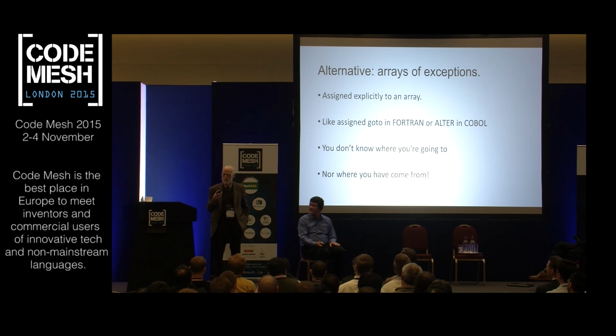And the come from statement, similarly, enabled you to trace lexicographically the places that you might be going to. The assigned go-to, of course, gives you neither of these advantages. You don't know where you've come from or where you're going to.